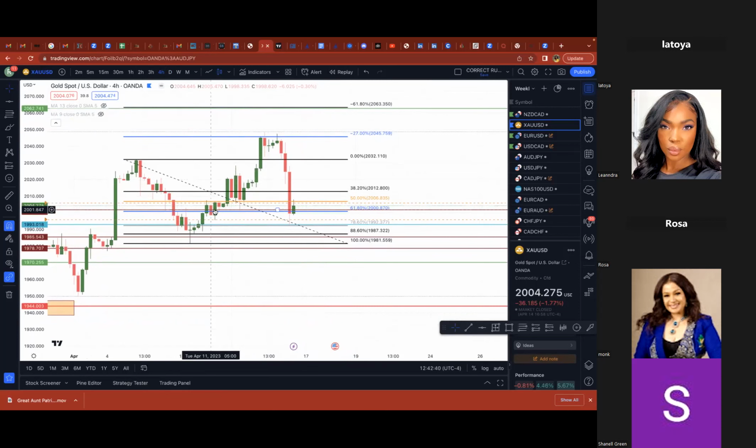Okay, so as we see here, the first 4 hour candle that crossed right above the 61.8 was Tuesday at 1 p.m. So we see it crossing the 61.8. Boom. Now is game time.